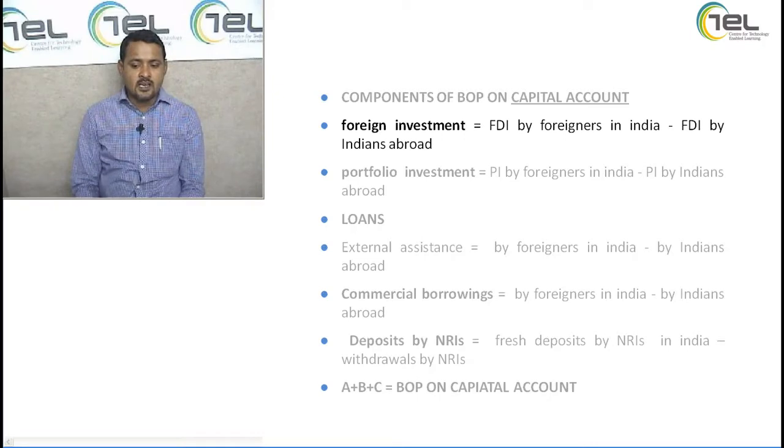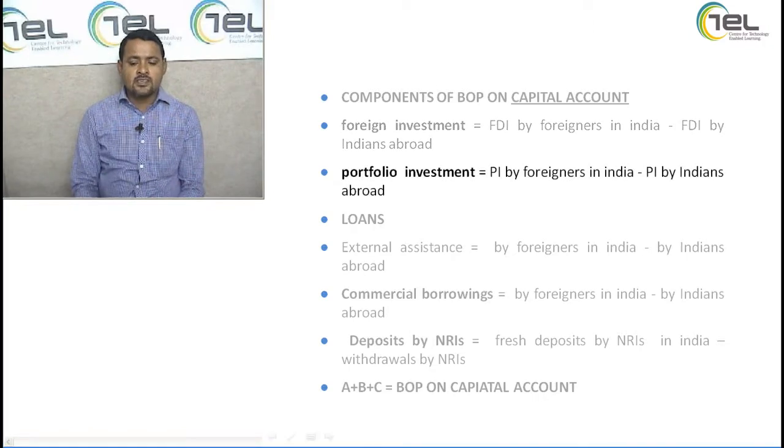When foreigners invest in India, we call it inflow, and when Indians are investing outside, that's an outflow. So FDI by foreigners in India minus FDI by Indians abroad gives rise to net foreign investment. The next point is portfolio investment. Similar to foreign investment, the portfolio investment by foreigners in India minus the portfolio investment by Indians abroad gives us net portfolio investment.